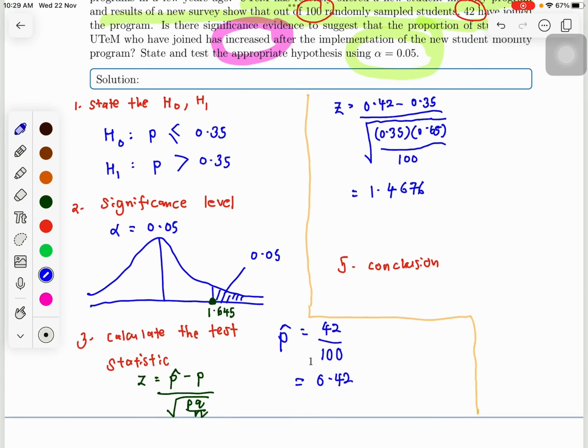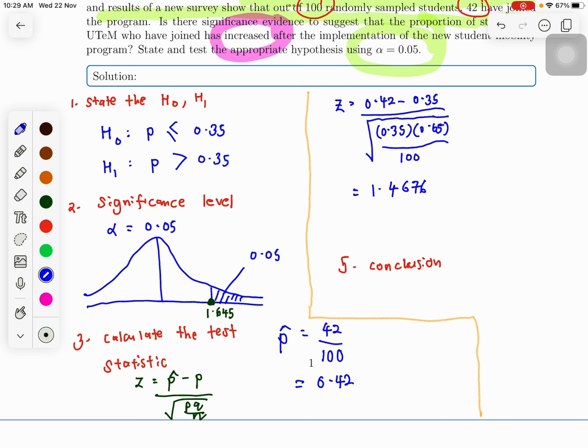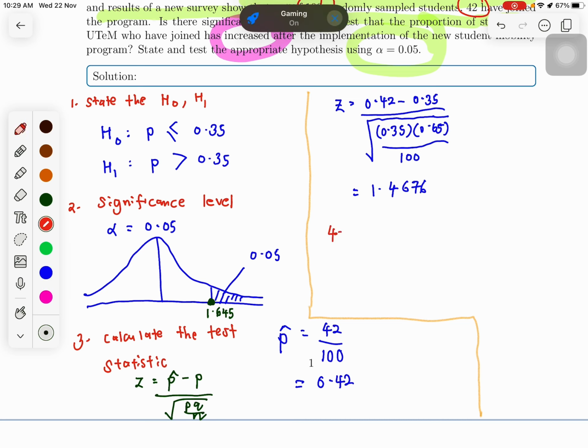So to remember, our next step, which is your fourth step, is to make a decision whether to reject or accept the null hypothesis. We can do this by comparing your result in step 3 with your result in step 2.